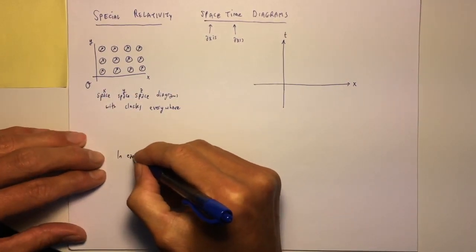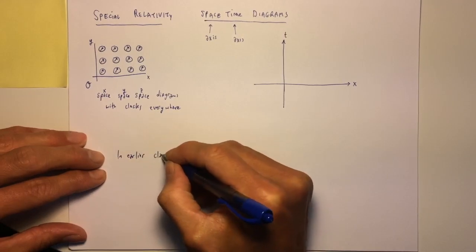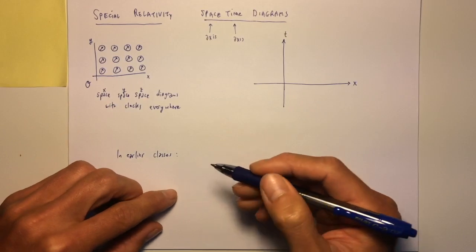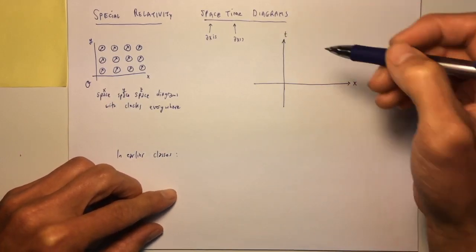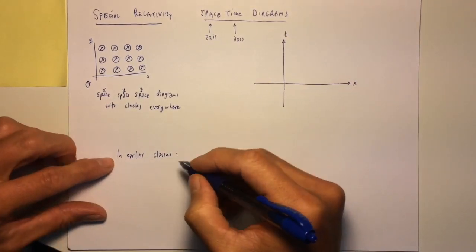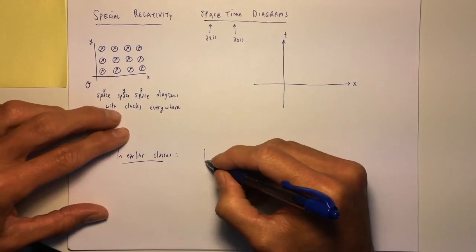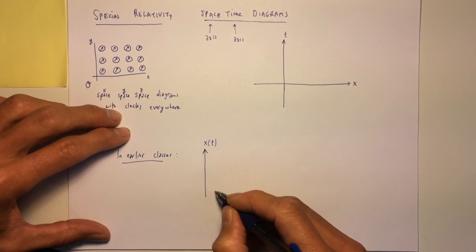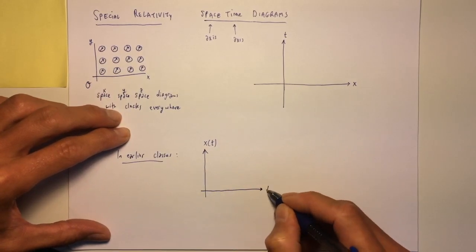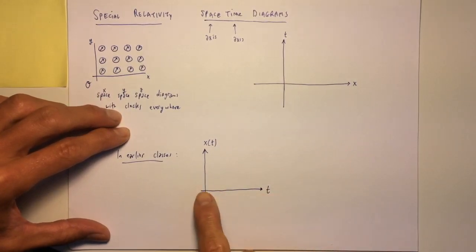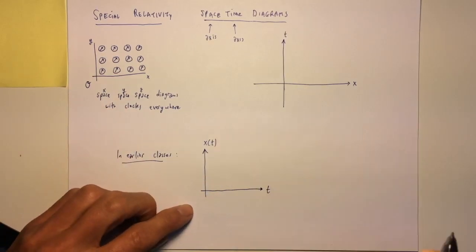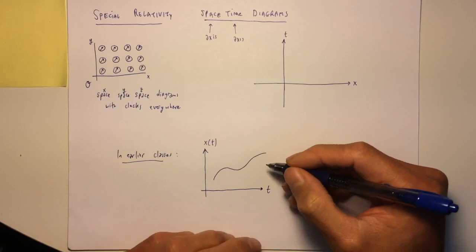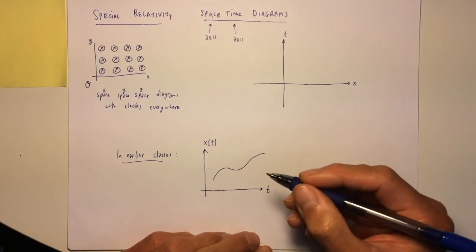In earlier classes, you would have done a different kind of diagram. It's got the position and the time swapped. In earlier classes, you may have seen graphs that look more like this. As a function of time, so time is the independent axis, there's x of t, and you can have some sort of trajectory.